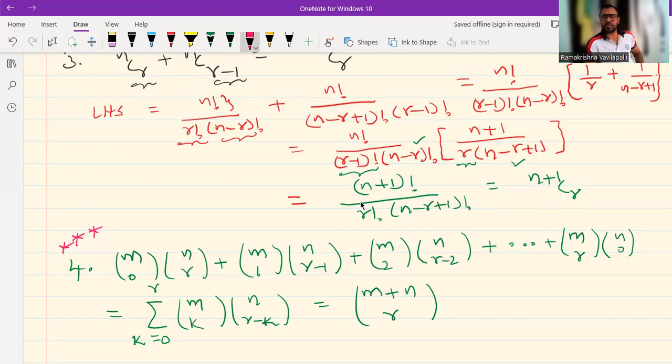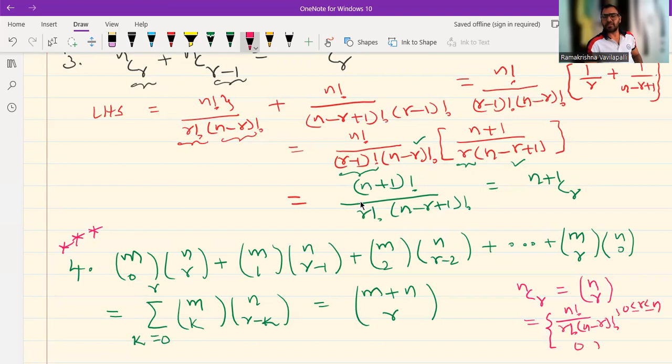I forgot to tell you that nCr, this standard form, can also be written like this. Both are the same. The definition is n factorial by r factorial into (n minus r) factorial, where r lies between 0 and n.